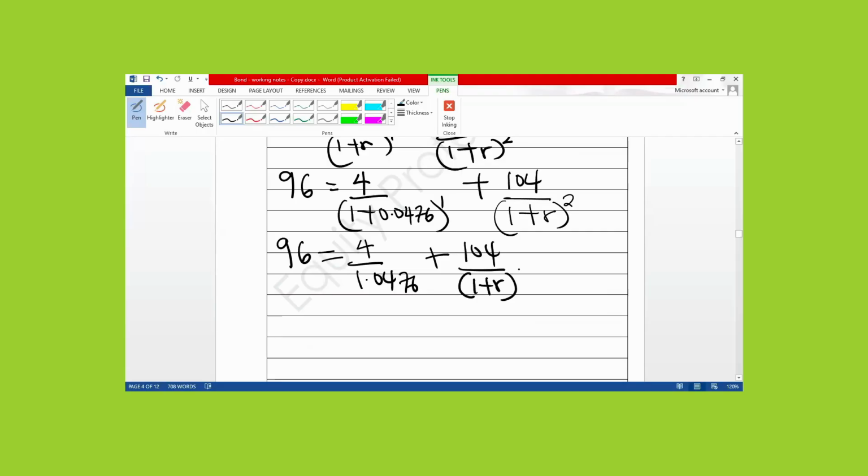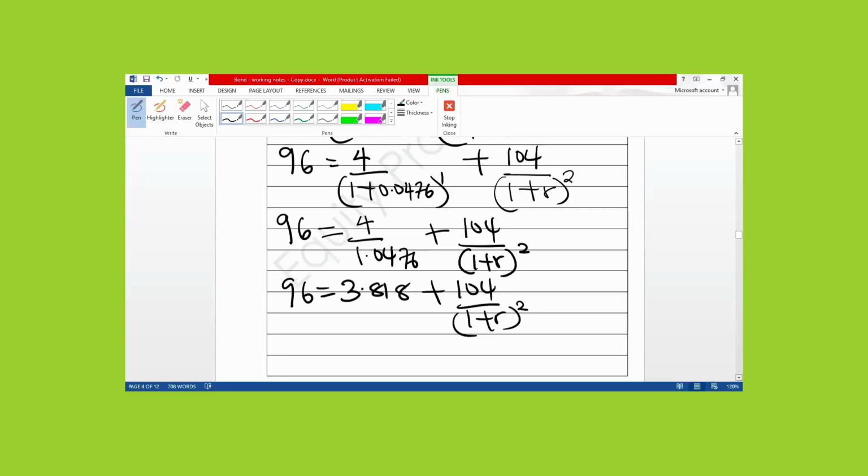96 equals 4 divided by 1.0476, which is 3.818, plus 104 divided by 1 plus r raised to power 2. What do we do? Mathematician in house.